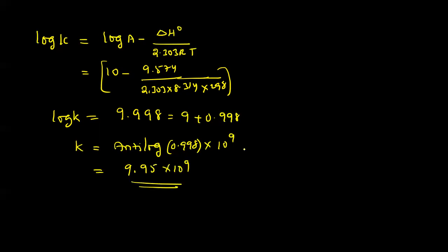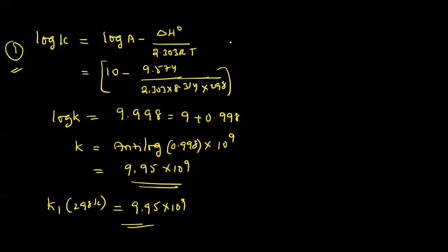This is the answer for the first challenge in this problem. We calculated the equilibrium constant at 298 Kelvin, and the value we got is 9.95 into 10 to the power of 9.